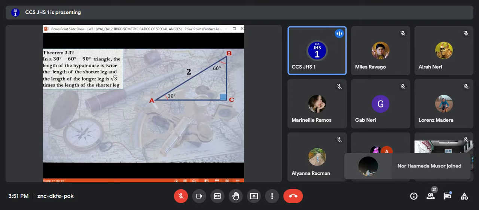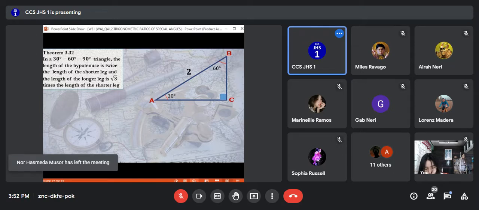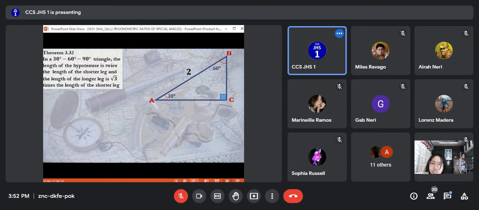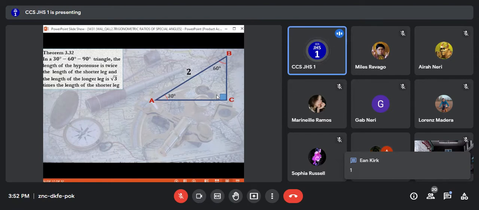If the length of the hypotenuse is 2, using theorem 3.32, how much is segment BC? Look at the theorem. The hypotenuse is twice the shorter leg. Okay, what is the shorter leg here? AC or BC? BC. If AB is equal to 2, what is the length of BC?